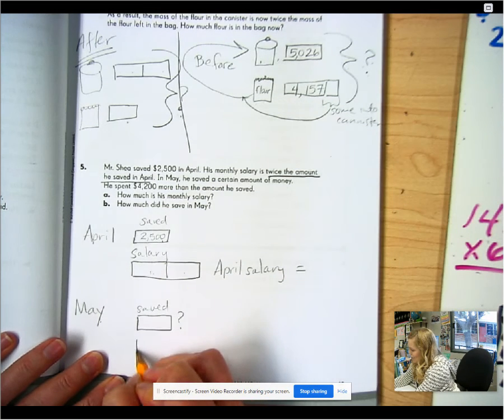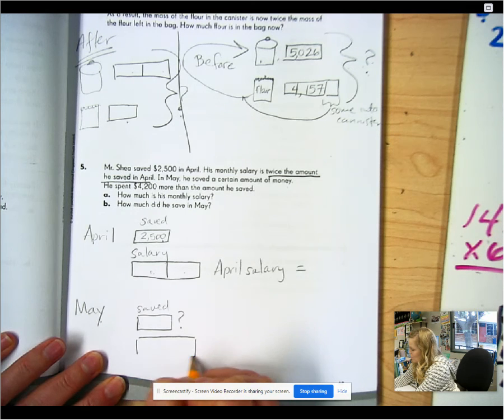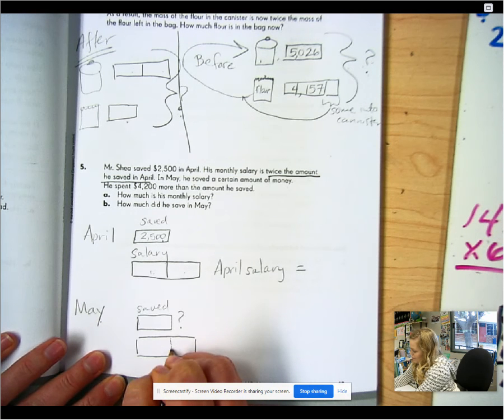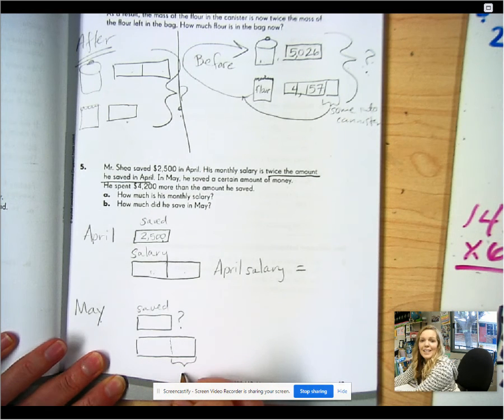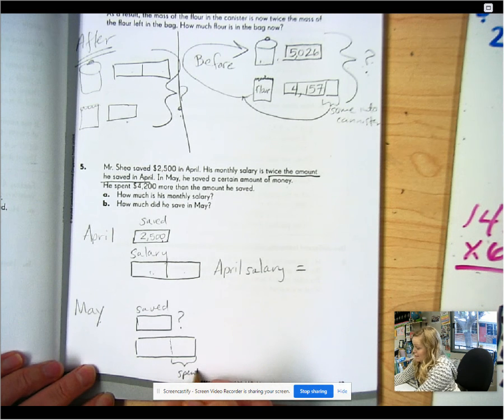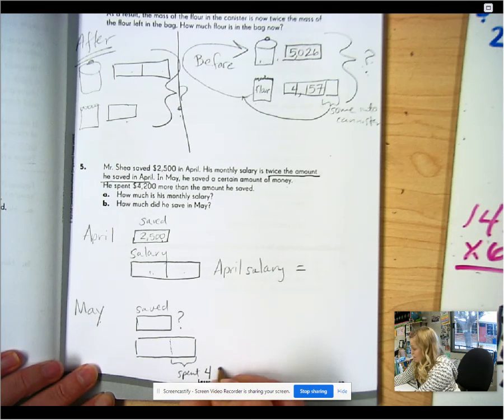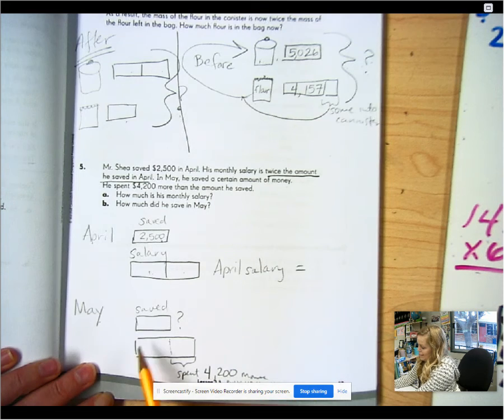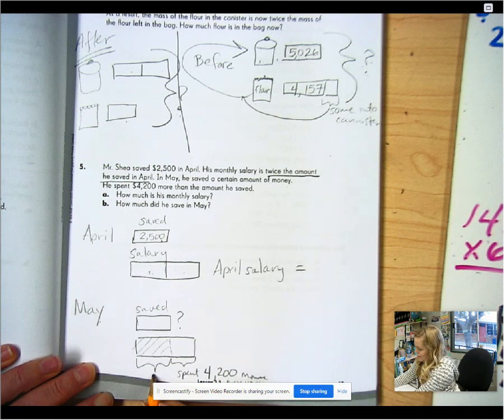So we don't know how much more, but we know that however much he saved, he then spent 4,200 more than this amount right here. Okay, and that's how much he saved.